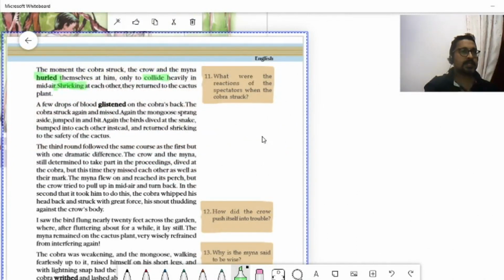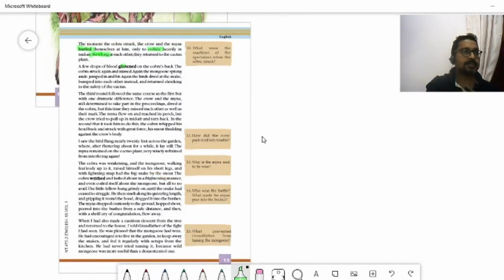Again there is another one. Glisten. Then what is the next word? Sprang. Bump. Again, is there any other word here in this paragraph? No.